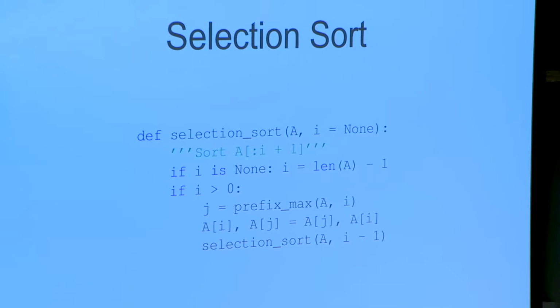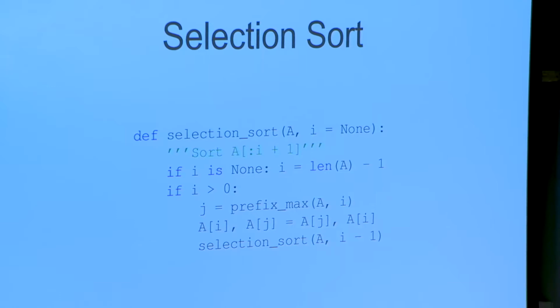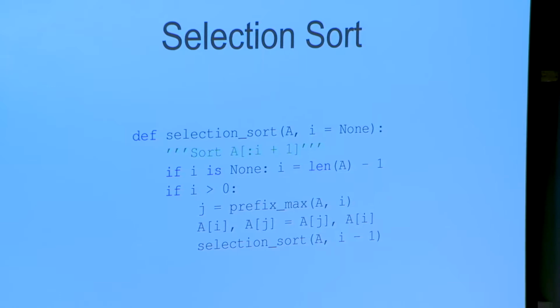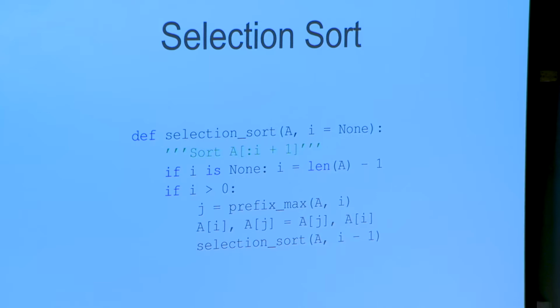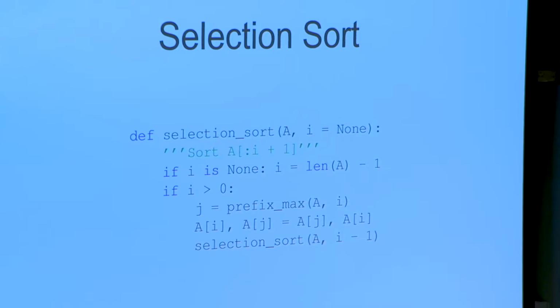So this is just a code version of the technique we've already talked about. You find the biggest element between 0 and index i, which we're going to call j here. I swap that with the one at index i. That's step 2. And step 3 is I still have to sort everything to the left of index i, and that's the recursive call.